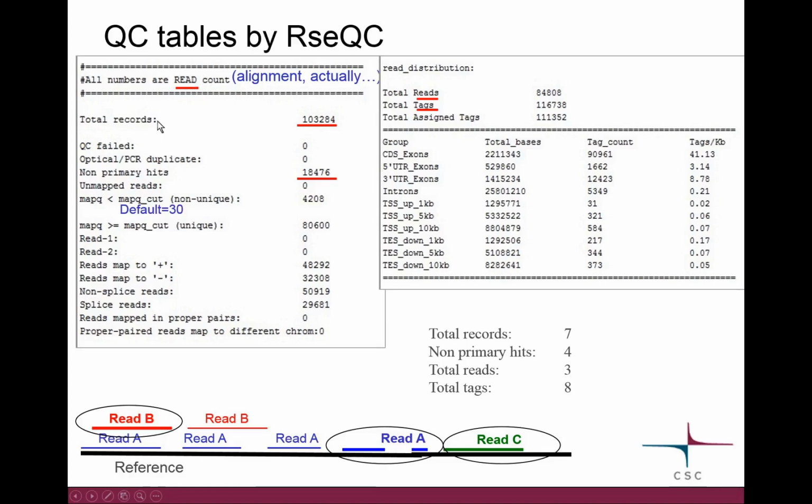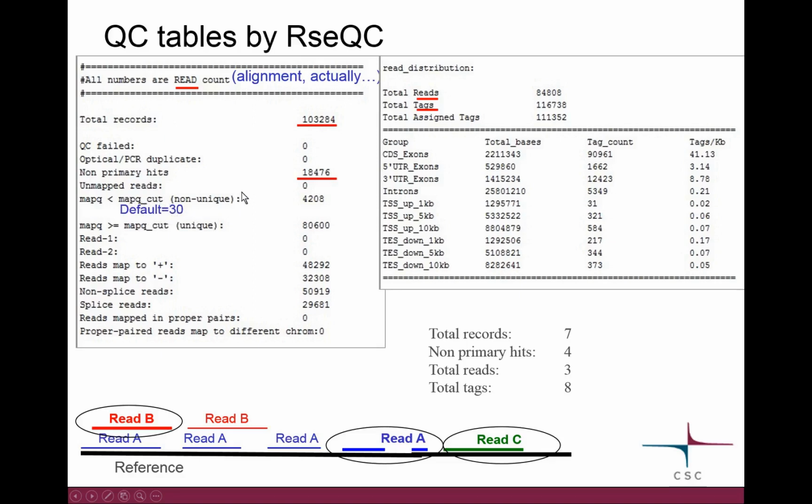Then you have a bunch of numbers there. You have the total records, and then some numbers for quality failed reads or possible duplicates. Then you have the non-primary hits, unmapped reads, and then those reads that are below a certain quality cutoff, and the default for that is 30.